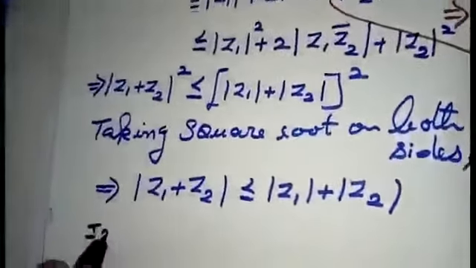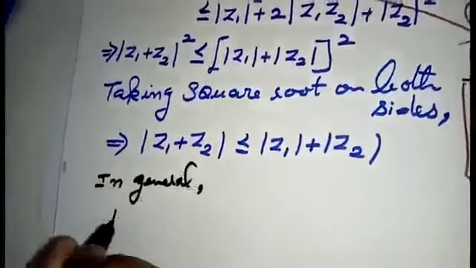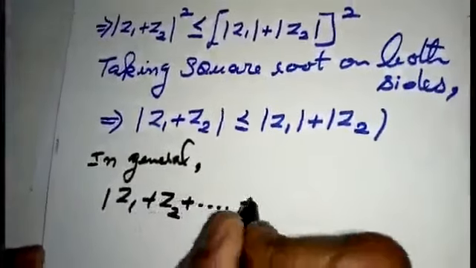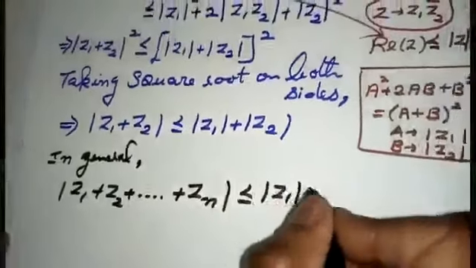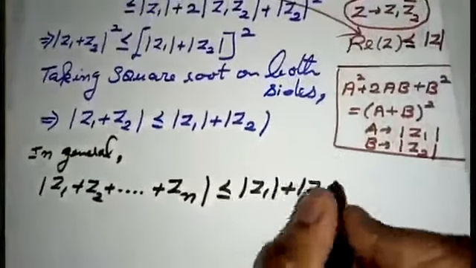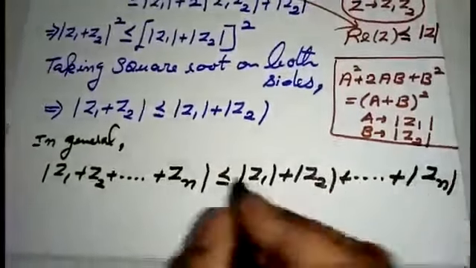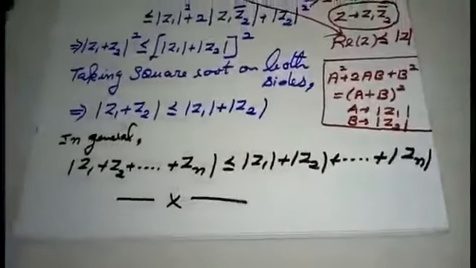That is, in general, modulus of z1 plus z2 plus etc. plus zn is less than or equal to modulus of z1 plus modulus of z2 plus etc. till modulus of zn. And this is the required proof for triangle inequality.